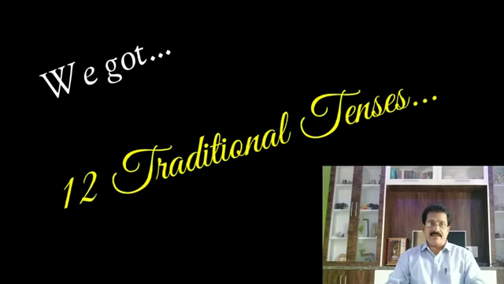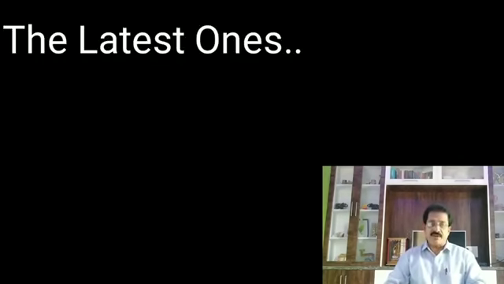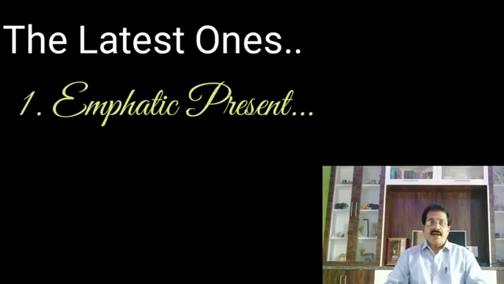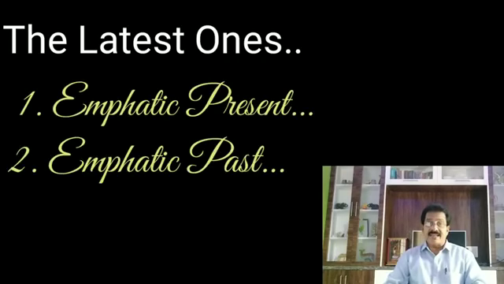So these are the 12 tenses traditionally we learn. The 2 new tenses which they talk about are emphatic present and emphatic past. Let me not deal with that now. We will deal with it later. So having learned the names of all the 12 tenses, let's deal with them one by one.